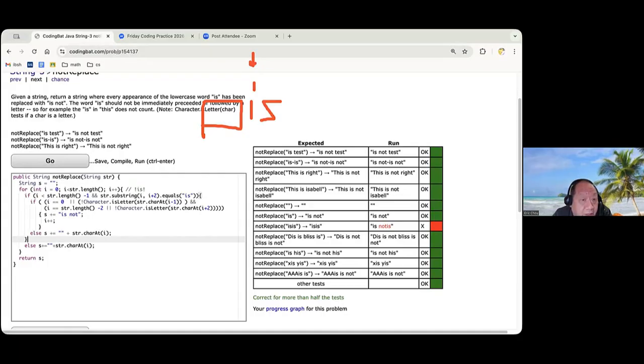And then right side, is that I greater than or equal to this, or the right side is not a letter. Then you do this.